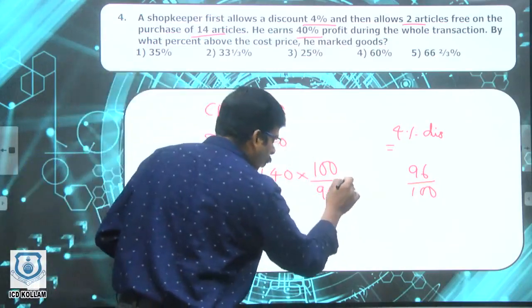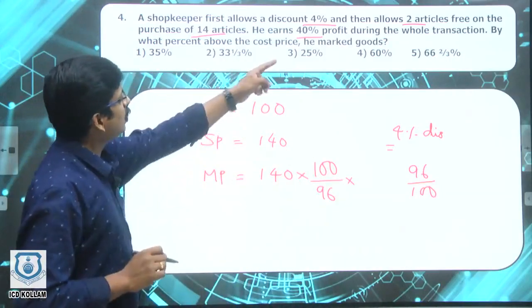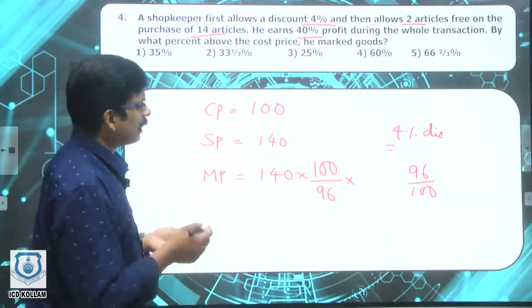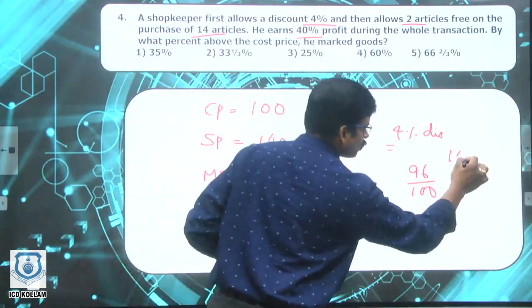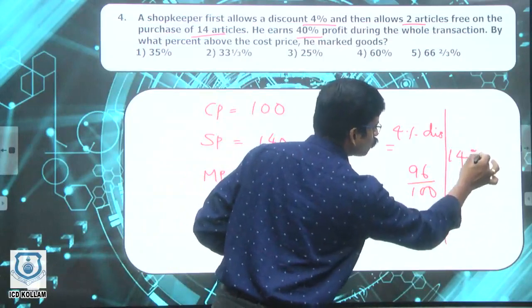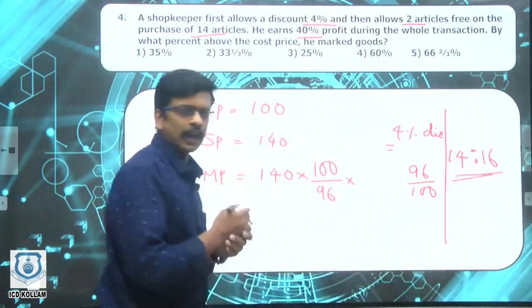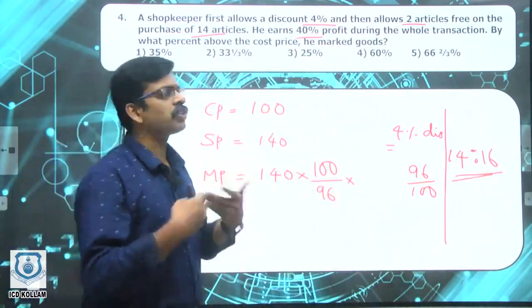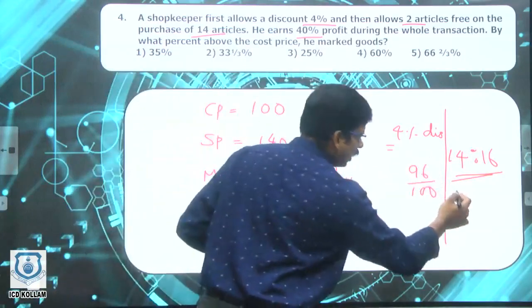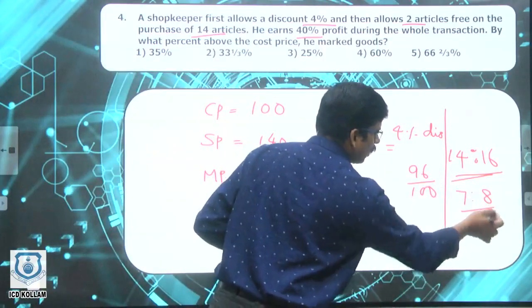And then one more thing is there. It is 2 articles free on 14 articles. So there is another operating ratio which is 14:16. In place of 14, we should give 16. Or simply we can say in place of 7, we need to give 8.